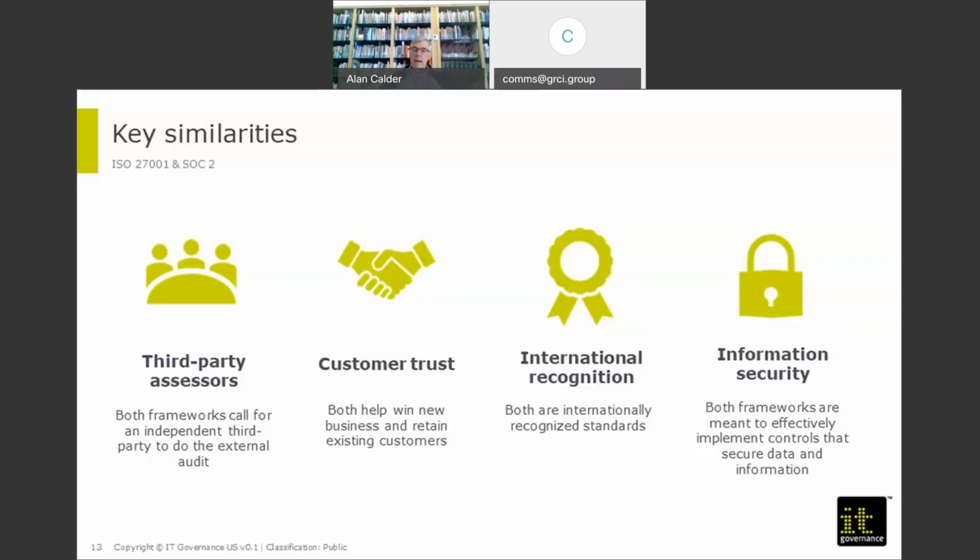Both are internationally recognized. There are different levels of recognition in different marketplaces, but they are both capable of international recognition. And above all, they both deliver benefits in terms of information security. They drive effective cybersecurity controls that, as I said before, protect the confidentiality, integrity, and privacy of data inside the organization.